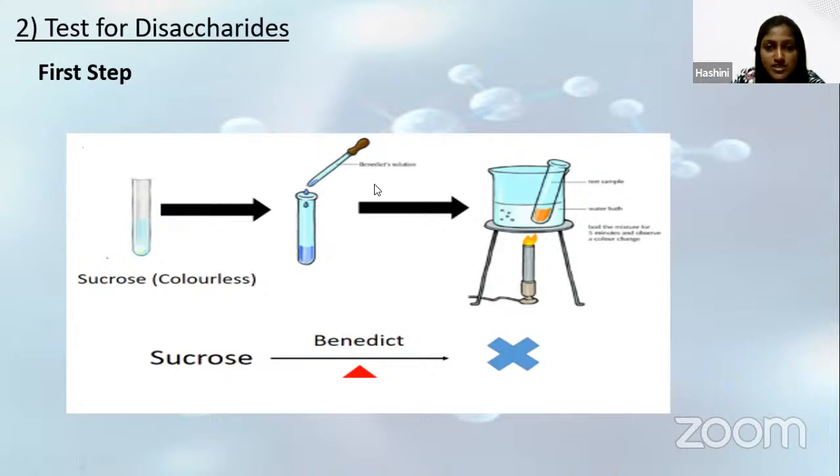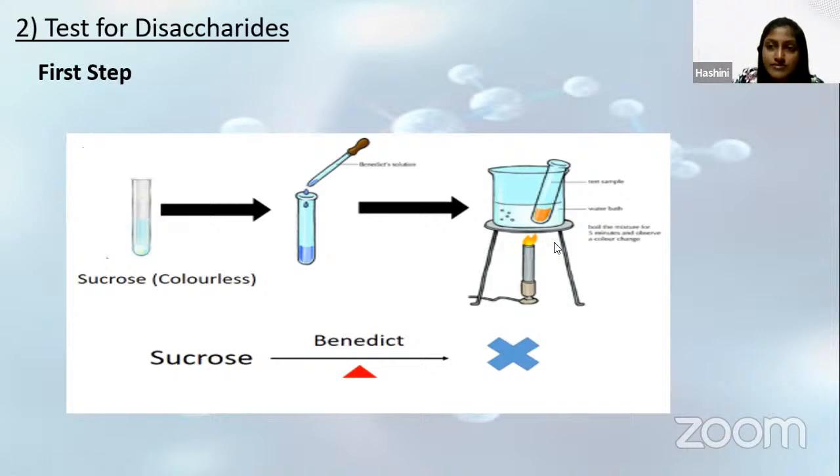The procedure is the same as the previous test for the identification of glucose. First, in the same way, we get the sucrose solution. It is a colorless solution. Then what do we add? We add Benedict solution, and then we heat.